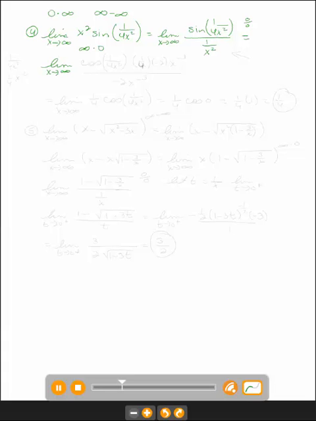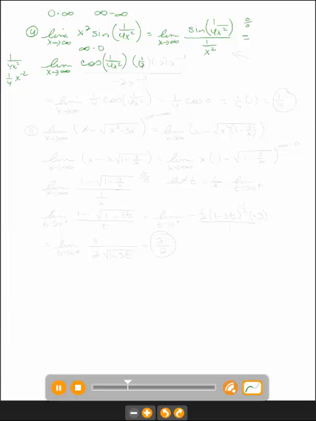So the derivative of the sine is the cosine of 1 over 4x squared, but that's junk. I've got to hit the derivative of that. I'm going to take a little detour here. Over here on the side, I'm going to write 1 over 4x squared is the same as 1/4 x to the negative 2.